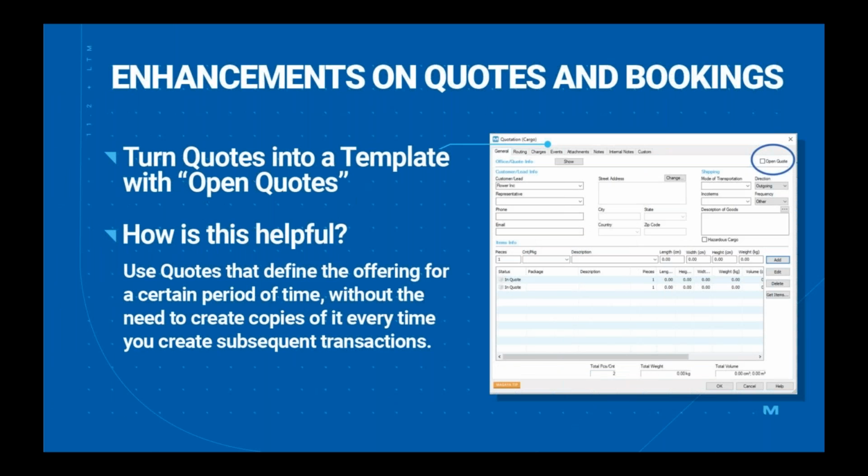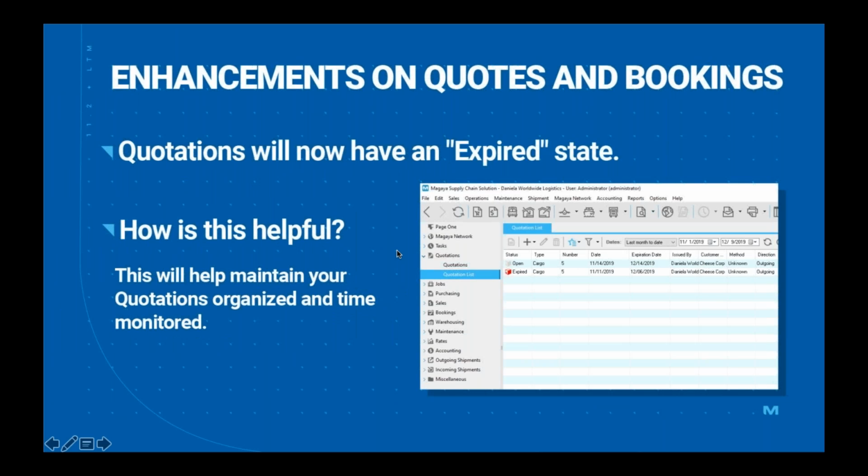Just a couple of words, by the way, on why quotes and bookings and shipments. This is a slide displaying the expired state of a quote. We have, as a team at Magaya, made the decision to really invest and focus on some of the features for our core freight forwarder customer.